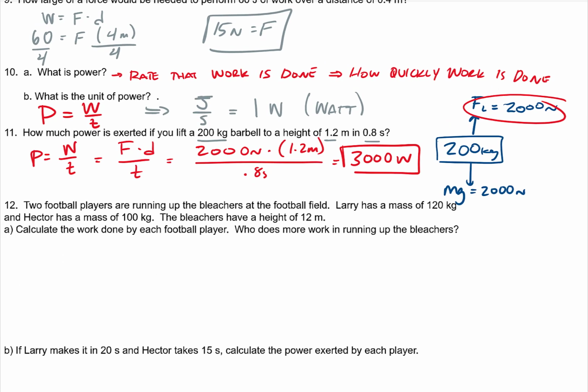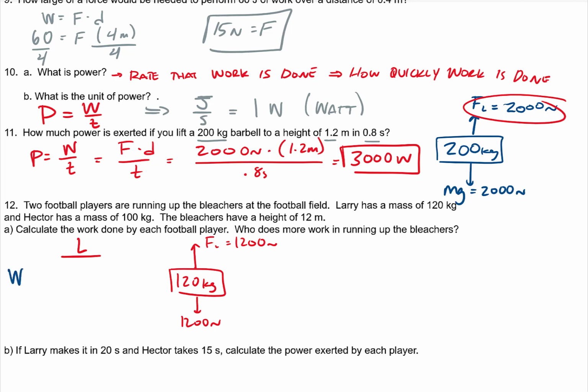Next one. 2 football players are running up the bleachers at a football field. Larry has a mass of 120 kilograms. Hector has a mass of 100. The bleachers have a height of 12 meters. Work done by each football player. So, Larry, if he is lifting himself up, has a mass of 120 kilograms. And so Larry's weight is 1,200 newtons, and Larry's lift force has to be also 1,200 newtons.